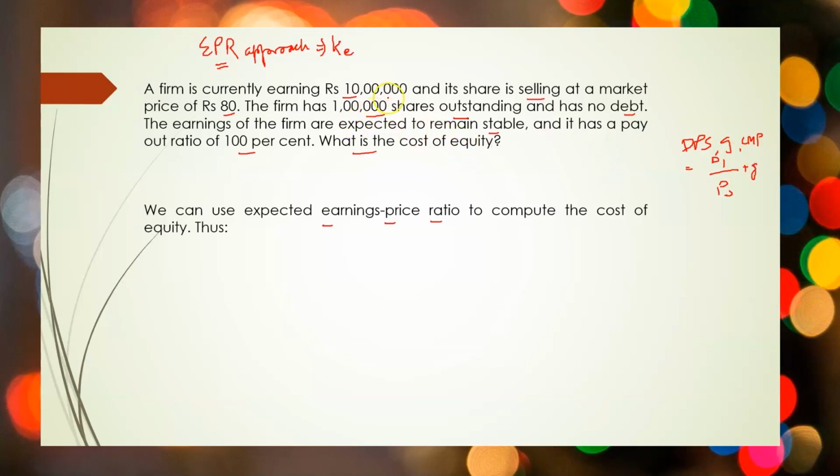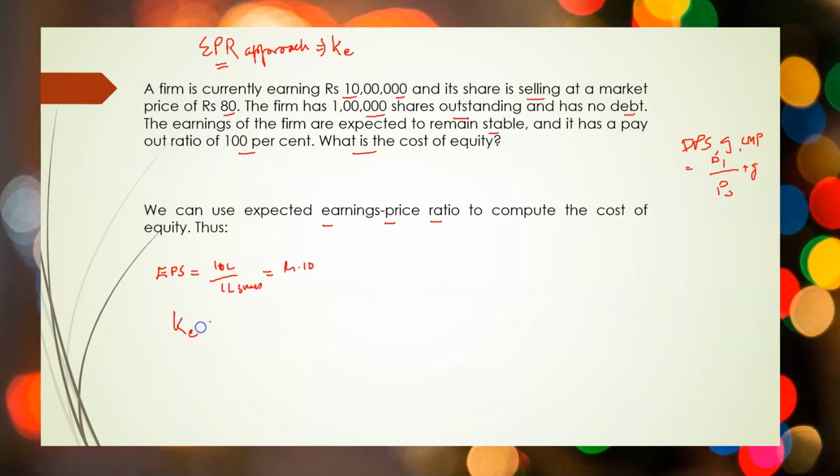When earnings are given in the question, we have to first calculate the earnings per share. So EPS is equal to 10 lakhs divided by 1 lakh shares, which is equal to rupees 10.